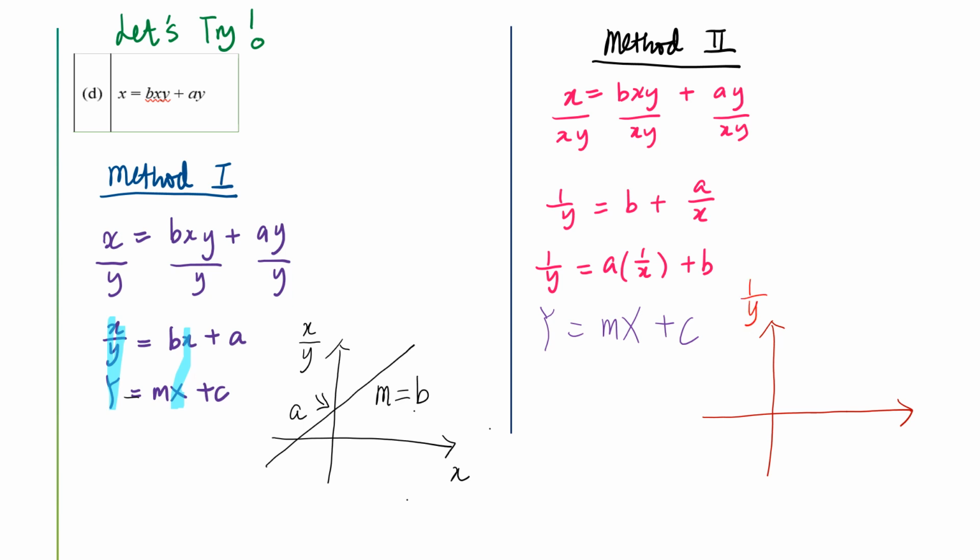And what do you label on the x-axis? That will be 1 over x. If you have a negative gradient, your gradient is represented by the constant a. With a negative gradient and a positive y-intercept value, this is how your straight line graph will look.